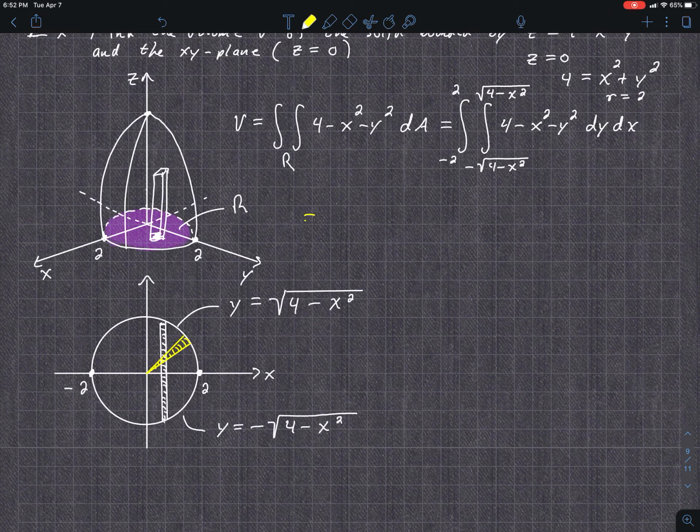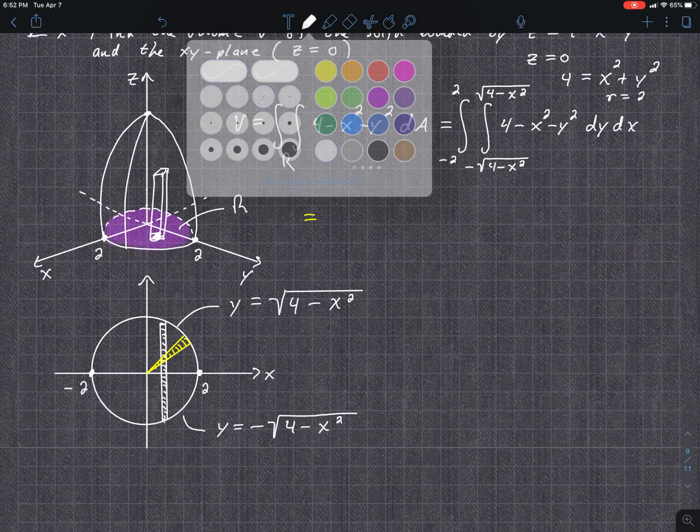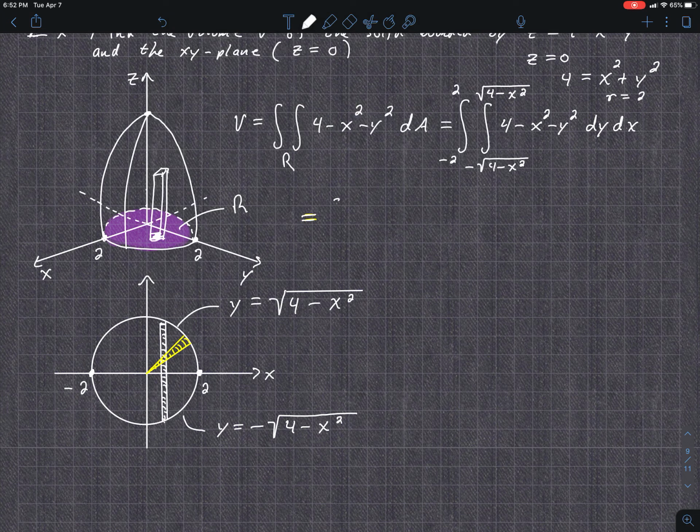Now for a polar rectangle, you're going from 0 to 2, and then 0 to 2 pi all the way around. So instead, you can say this is equal to the double integral where r goes from 0 out to 2, and theta goes all the way around the circle, 0 to 2 pi.